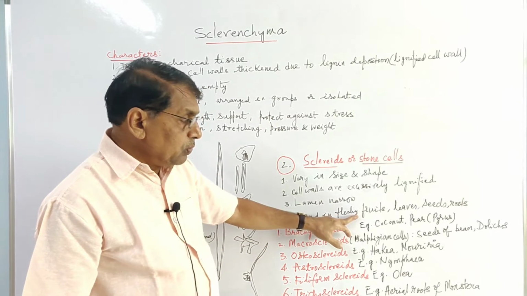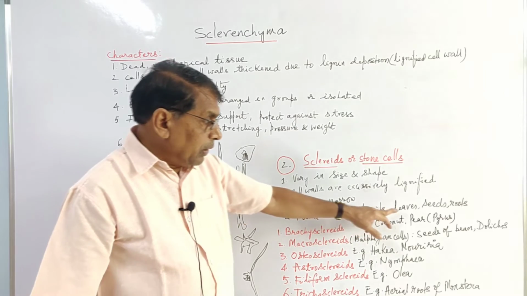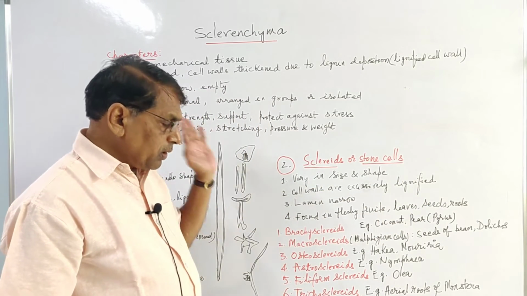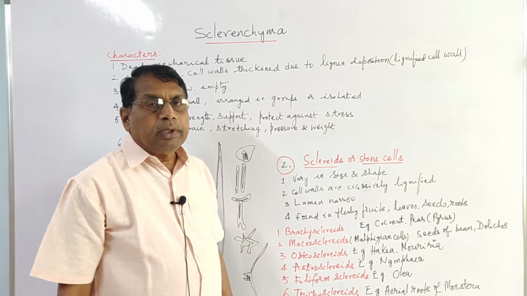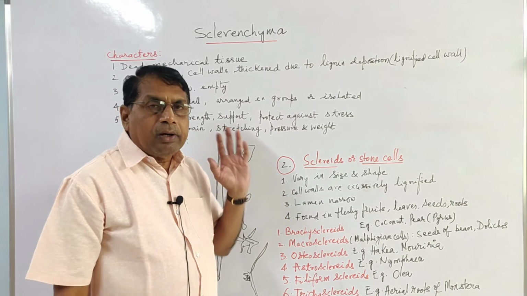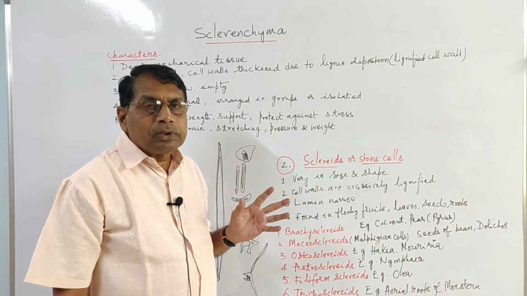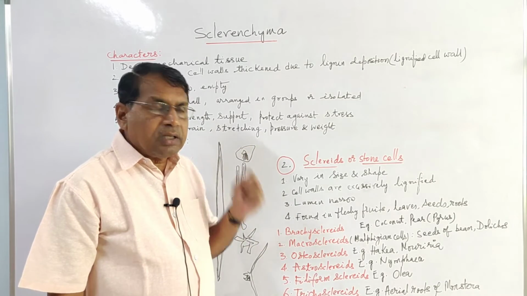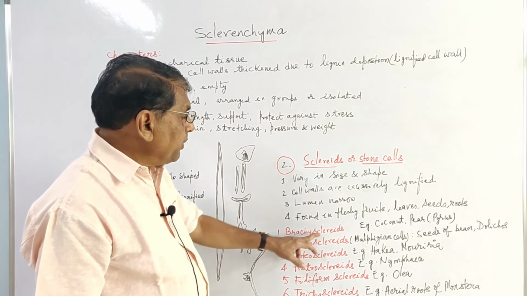Found in fleshy fruits, leaves, seeds. Then different types are there according to the shape and according to the amount of lignin deposited, and accordingly different types of mechanical strength are provided.